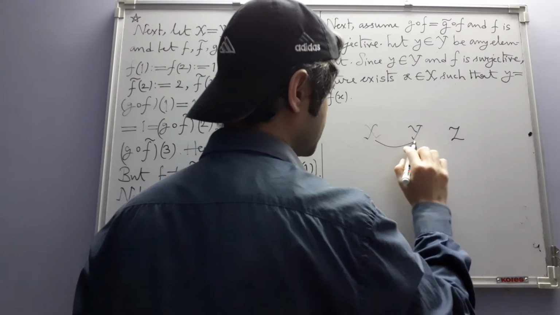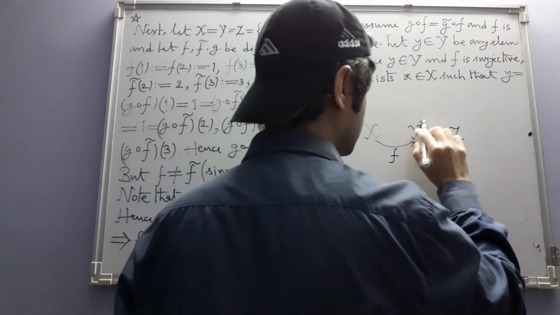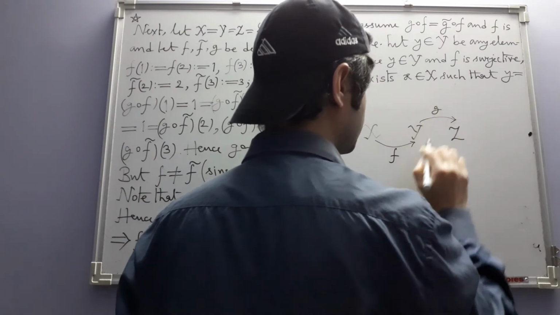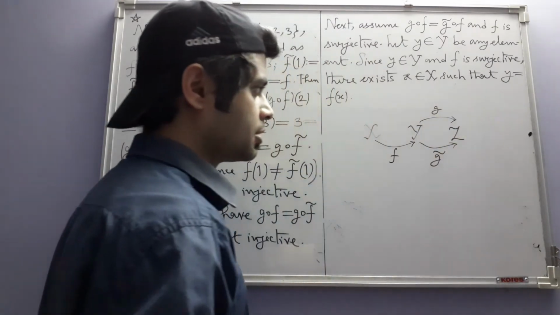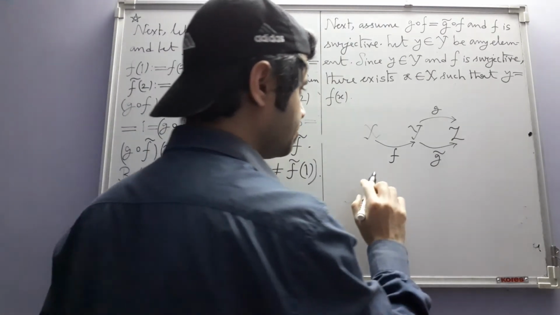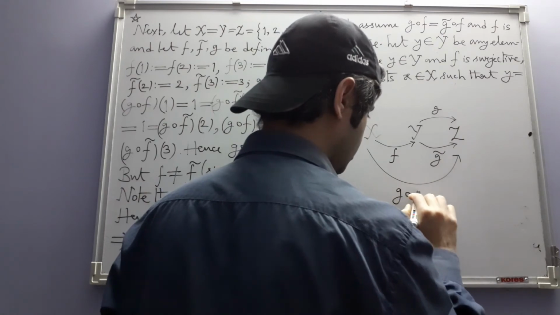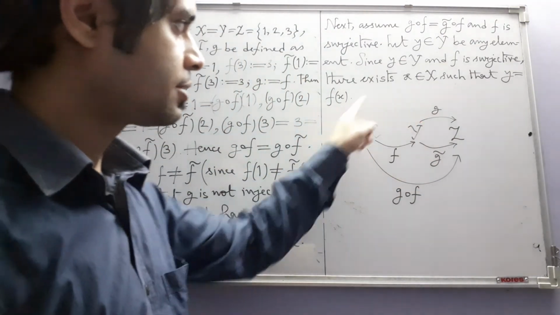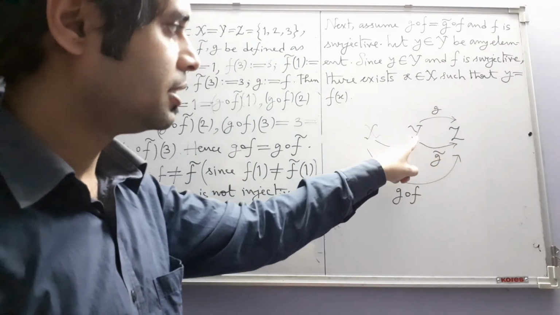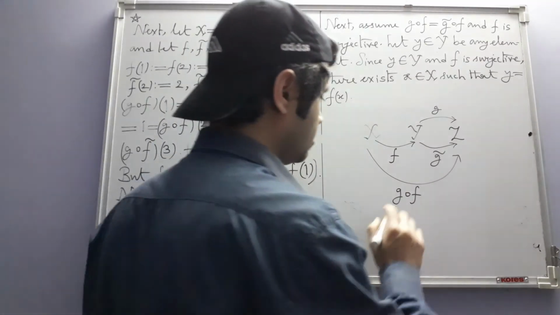So F maps X into Y. G maps Y into Z, G tilde also maps Y into Z. So that means G composition F maps X into Z. The intermediate set vanishes.